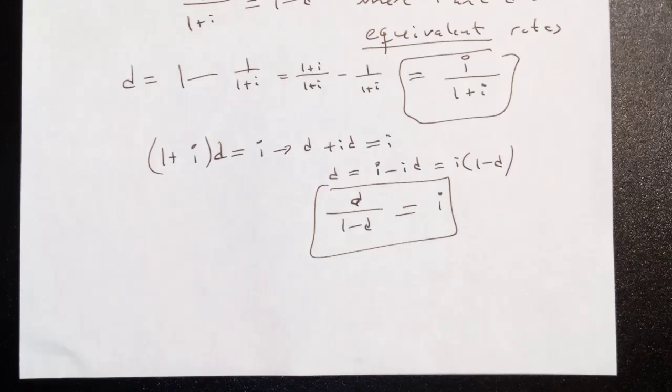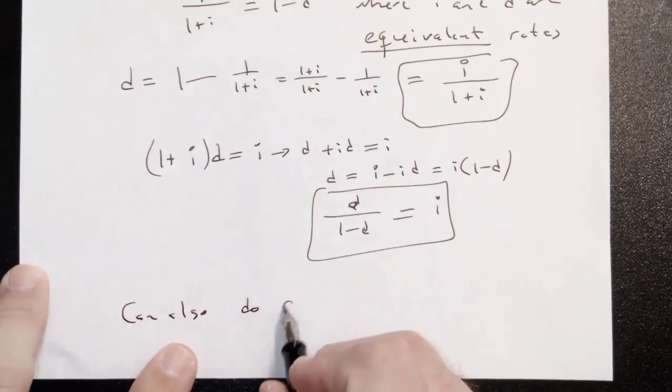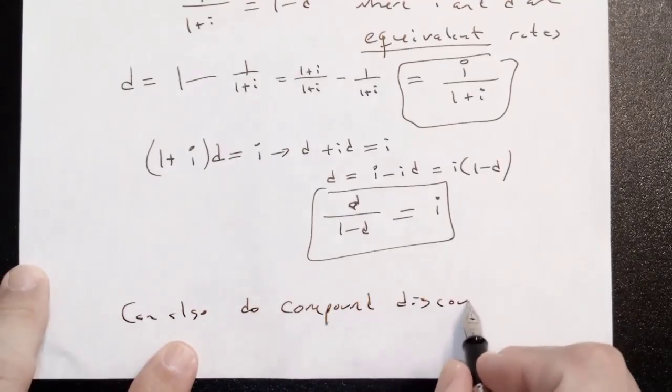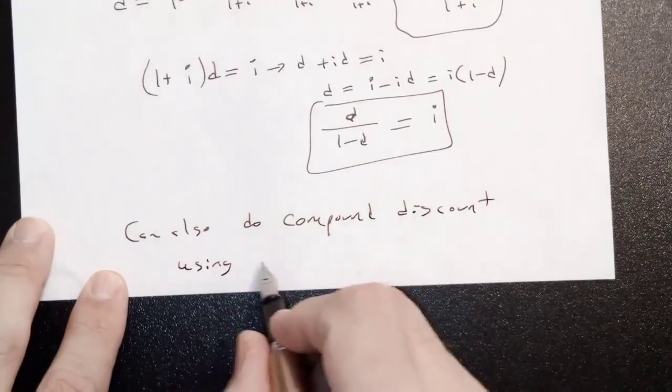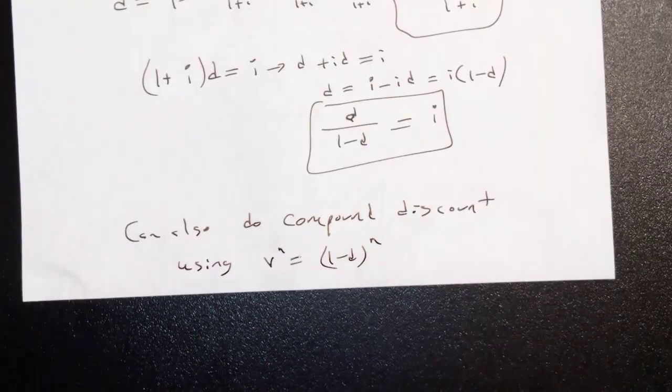If I can compound interest, I can compound discount the same way. Or I can look at the periodic rate, right?